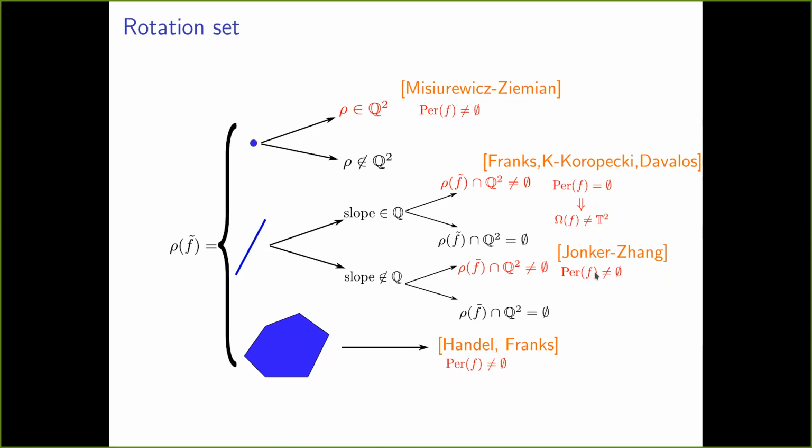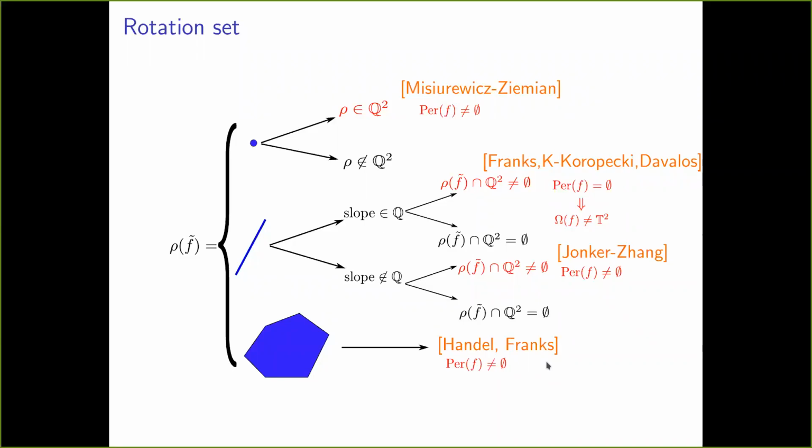So again, here you have a periodic orbit. And here, if the rotation set has non-empty interior, then first, Michael Handel showed that there exist some periodic points. And after that, John Franks showed that any rational point in the interior of the rotation set is realized by a periodic orbit. So of course, here you have periodic points.